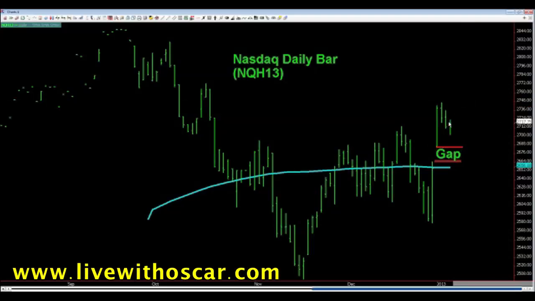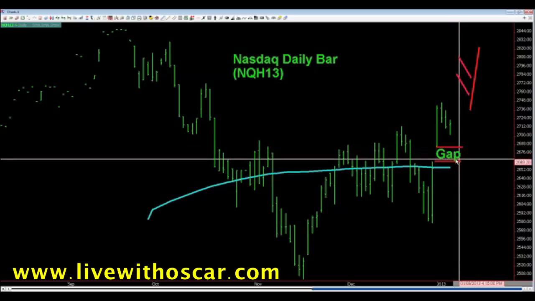So I'm assuming that this, even though it looks like a really nice bull flag, this is a really nice looking bull flag if you ask me, right? You can put the flagpole right here, and then the flag itself is building right there. So there is a nice looking bull flag sitting right here, but the likelihood is that it will extend lower than that bull flag and try to fill this gap.